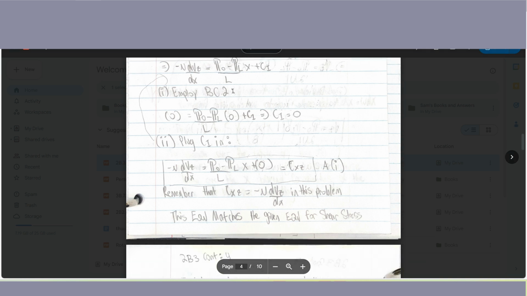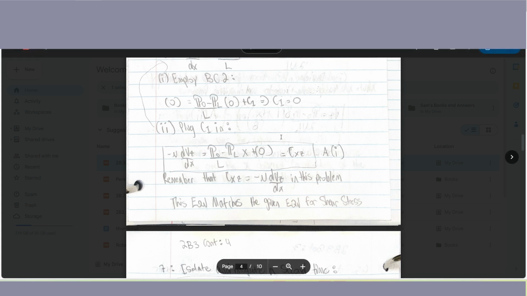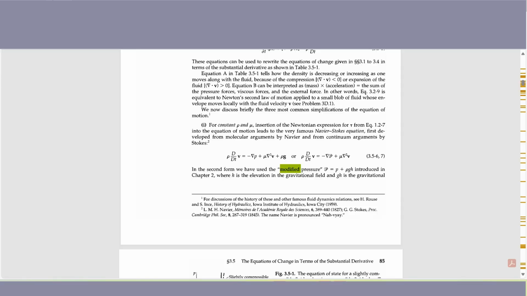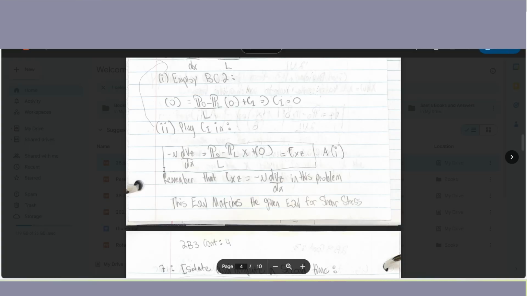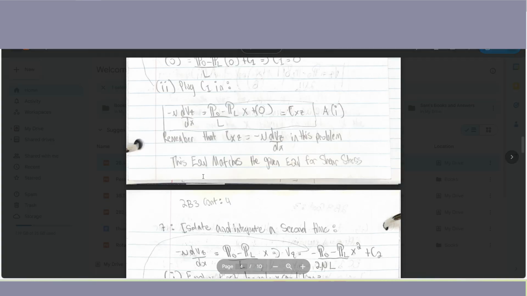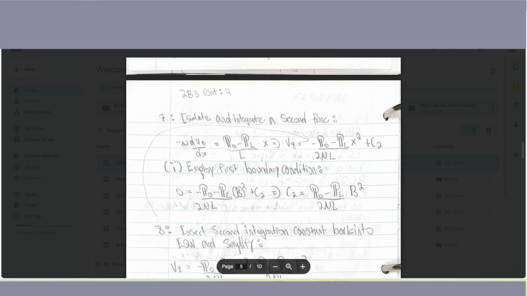So that just makes integration easier. And that's the answer for part A, or one of the answers for part A. That's this answer here. Obviously, it's the same answer. Yeah, so now we're going to separate and integrate again.